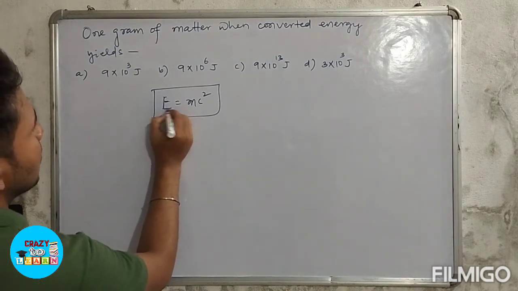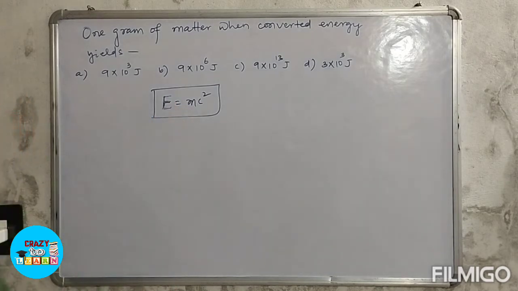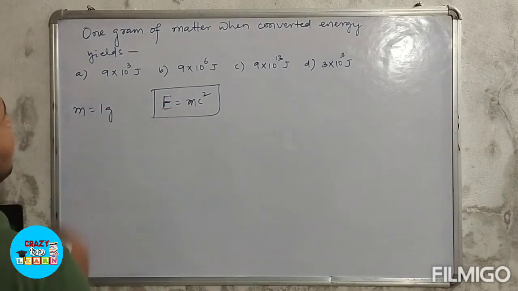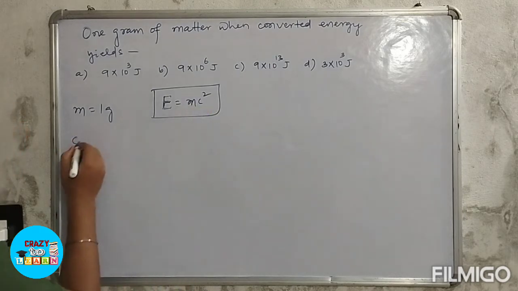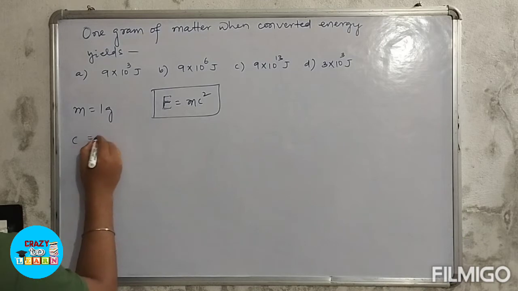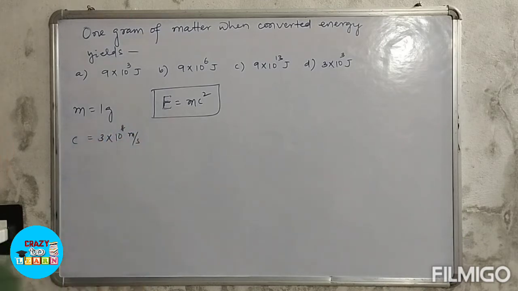So 1 gram of mass yields how much energy? The mass is given as 1 gram, and the value of c, the speed of light in vacuum, is 3 into 10 to the power 8 meter per second.